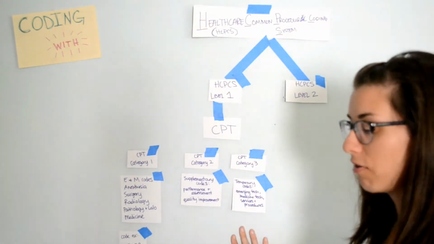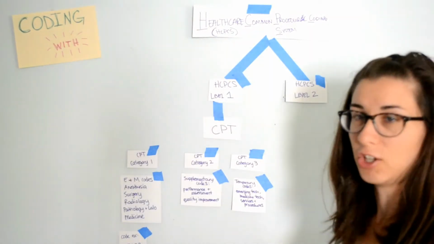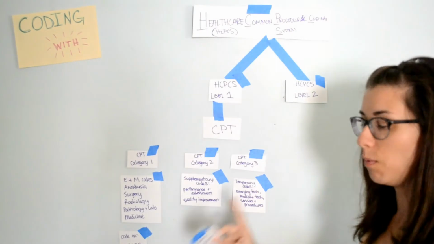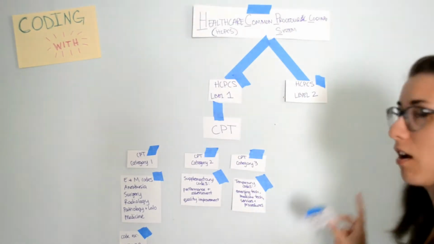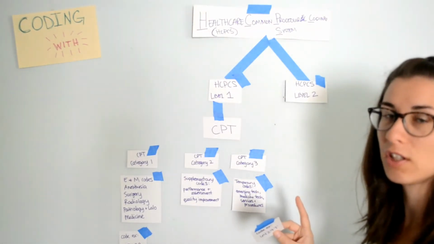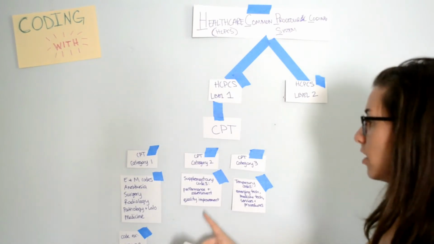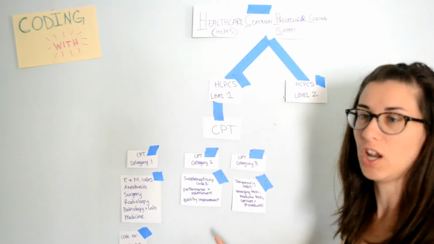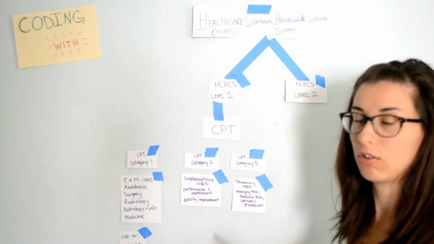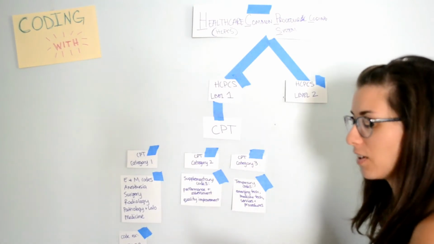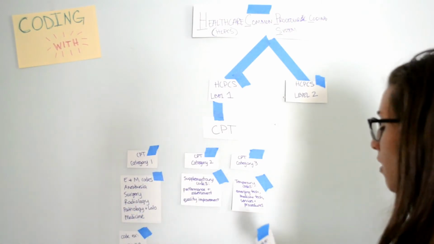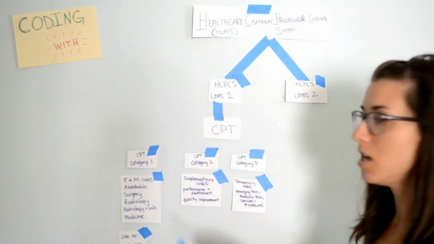Category 2 and 3 codes, the last digit, so the 5th digit, because all of CPT and the other HCPCS codes are 5 digits long. But in Category 2 and Category 3, the 5th digit is a letter, and it's a specific letter. So it's either the one that ends in an F or the one that ends in a T.